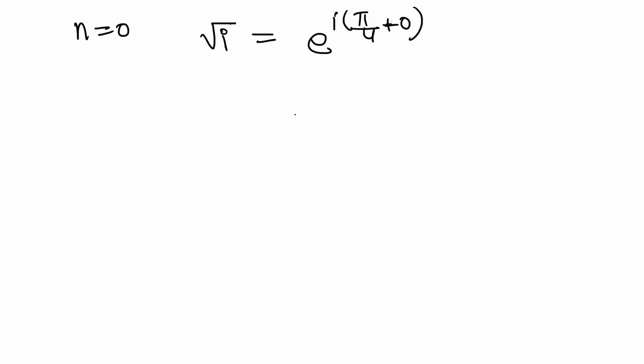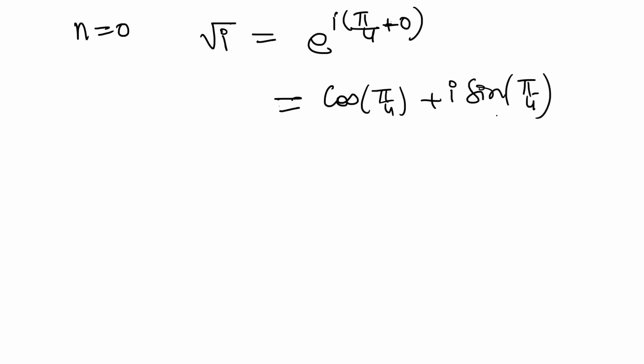If you calculate this, you will get the first answer that we got from method number 1, because e raised to the power i into pi by 4 can be written as cosine of pi by 4 plus the imaginary number i times sine of pi by 4. And when we evaluate these two numbers, we get the result as before: 1 by root 2 plus 1 by root 2 multiplied by the imaginary unit i. Right? This is what we have.